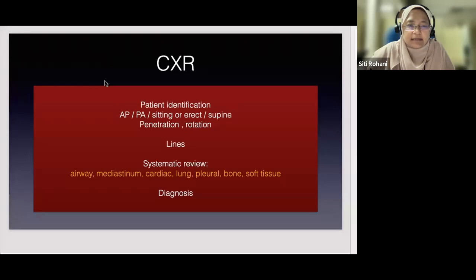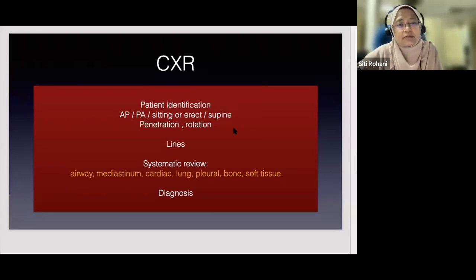So for chest X-ray interpretation, this is the basic that we normally do. When reviewing a chest X-ray, we check patient identification, decide whether it is AP or PA projection, erect or supine X-ray, penetration and rotation. So before we even start looking at the pathology, we already identify the chest X-ray. Patient identification is very important.